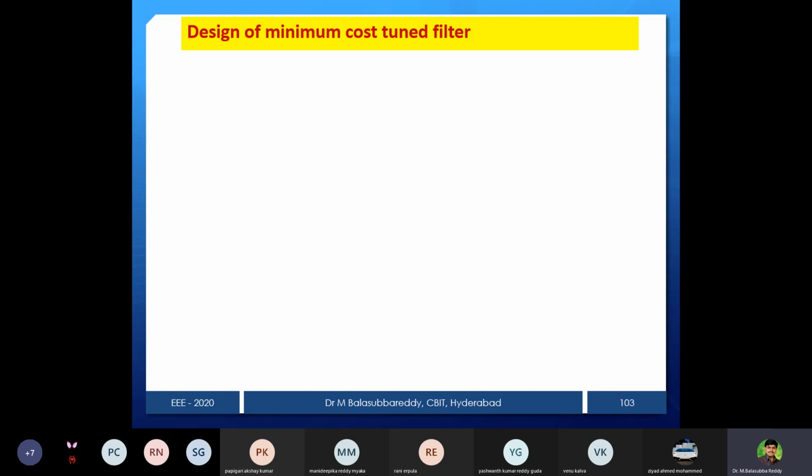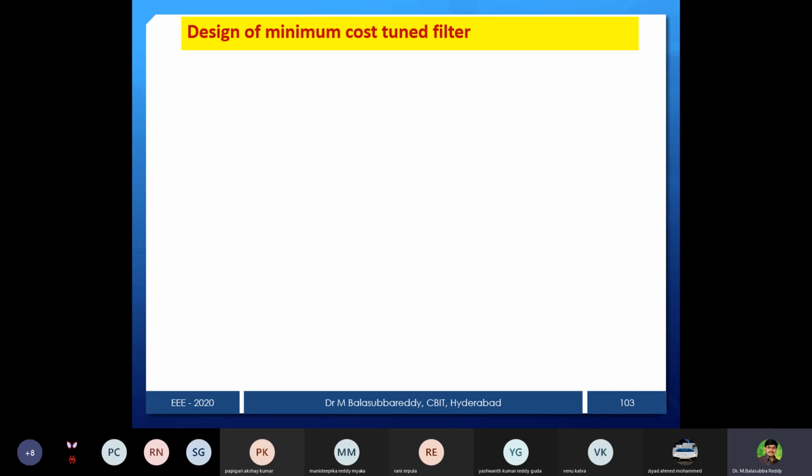Whatever reactive power is required by the system, some portion of that this filter is going to supply. The rest is supplied by other components like capacitor banks and synchronous condensers.